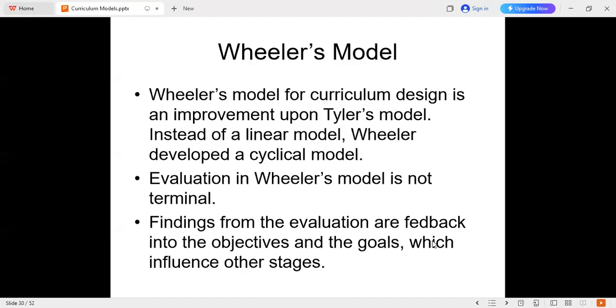In order to achieve those objectives, we can't teach the same subject content that we taught in the past.